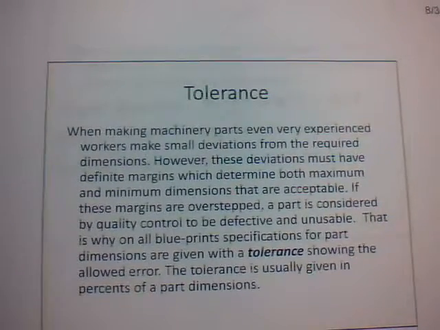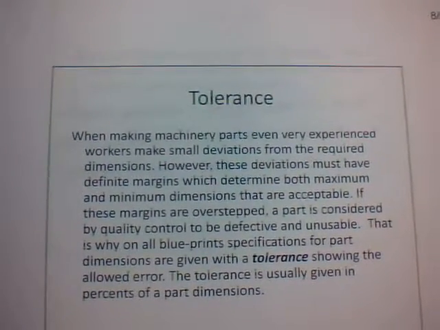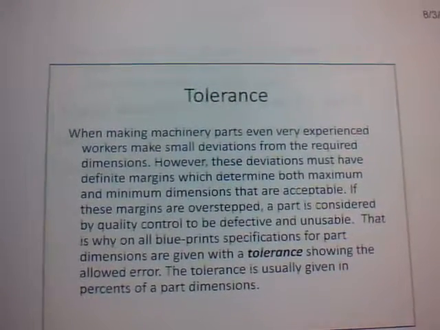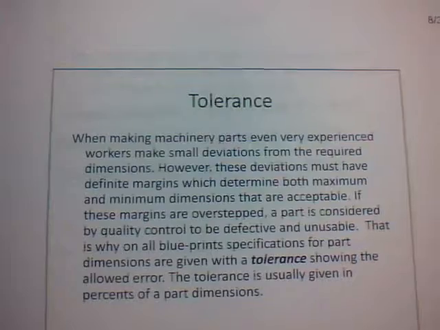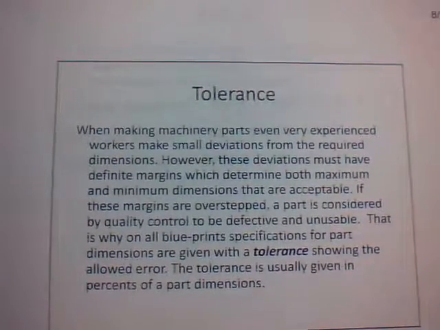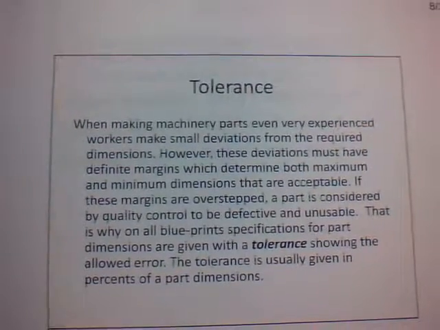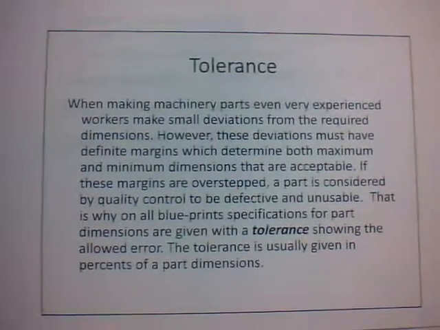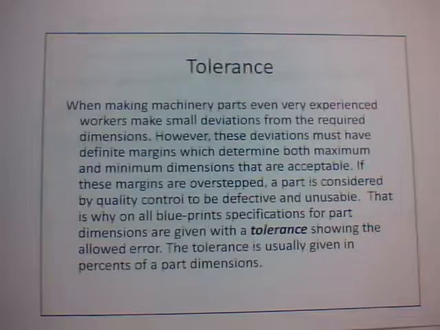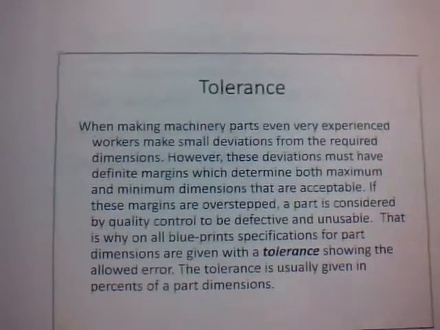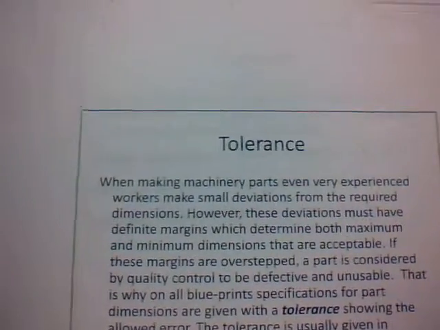If these margins are overstepped, a part is considered by quality control to be defective and unusable. That is why on all blueprints, specifications for parts dimensions are given with a tolerance showing the allowed error. The tolerance is usually given in percents of a part of dimensions.